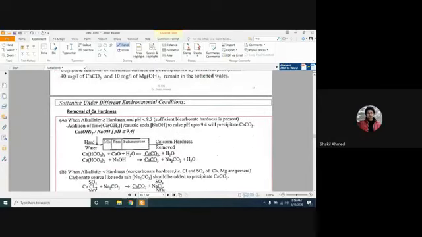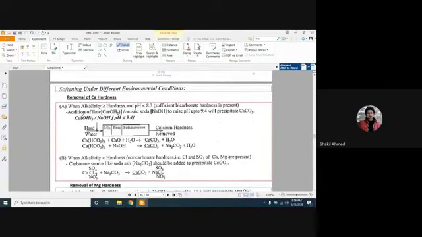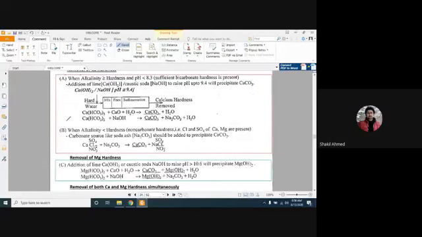Now let's see the equation. There can be different operating conditions. Number A, when your alkalinity is greater than hardness. Alkalinity is basically the acid neutralization capacity, right? And hardness is the presence of divalent cations, right?